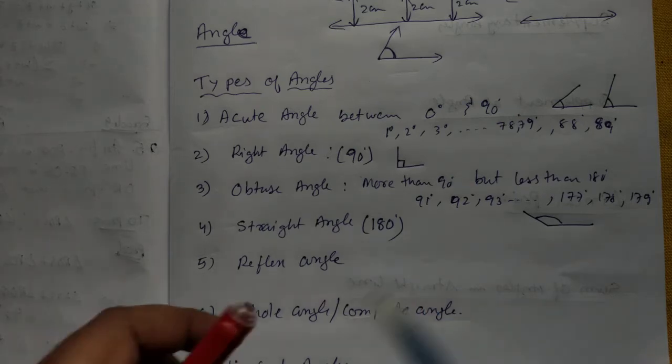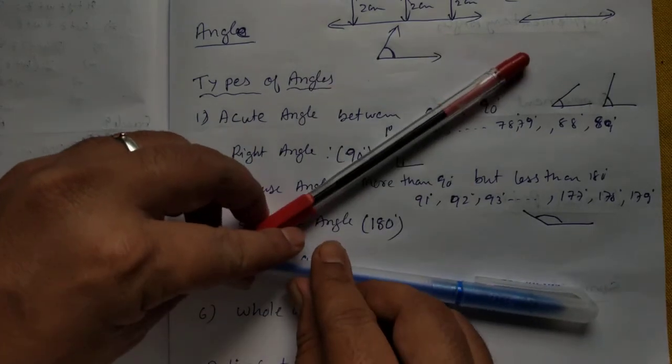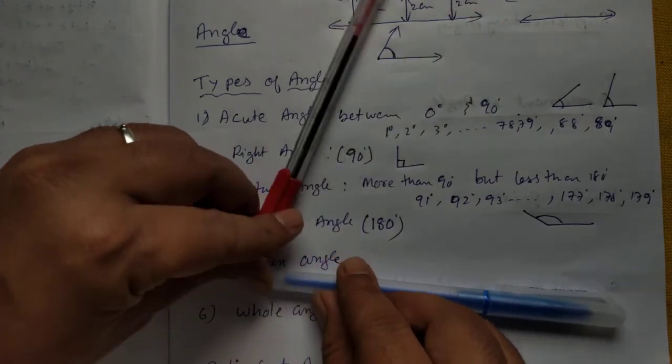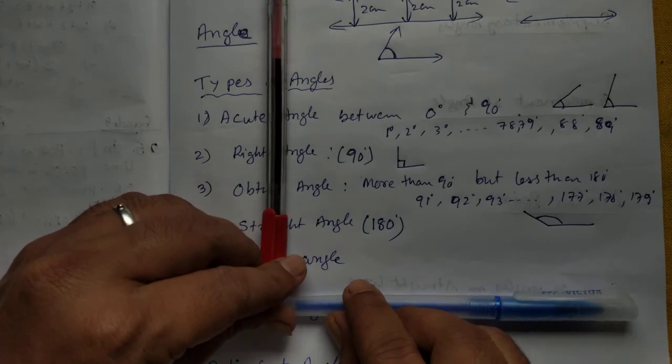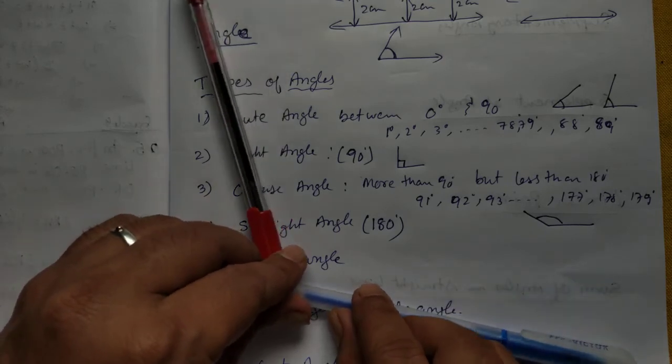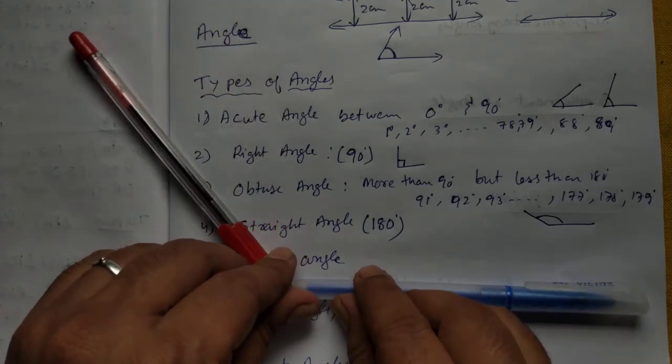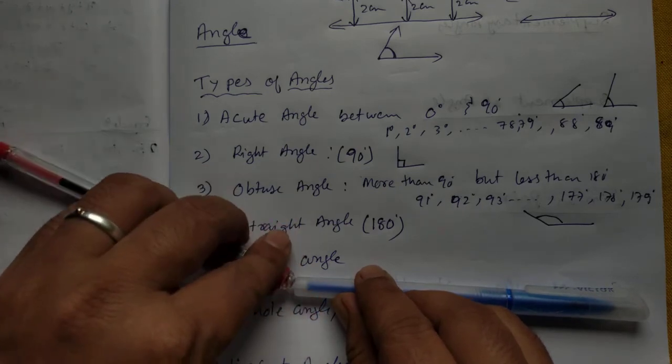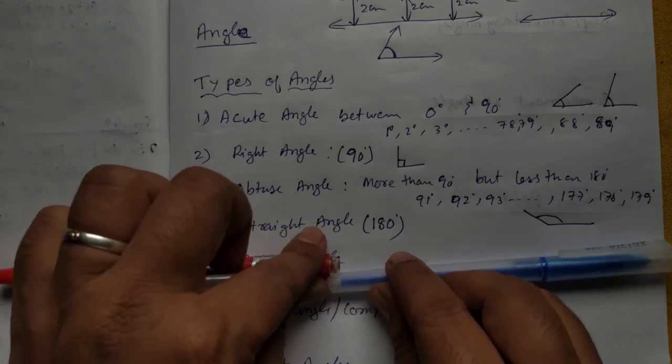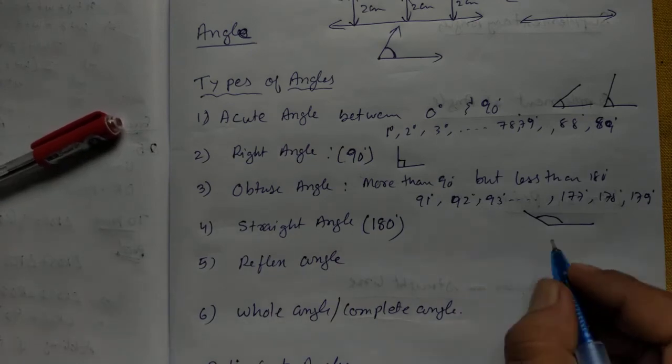I can use pen also. See, acute angle, right angle exactly 90 degree, obtuse angle more than 90, and straight angle is exactly 180, a straight line.